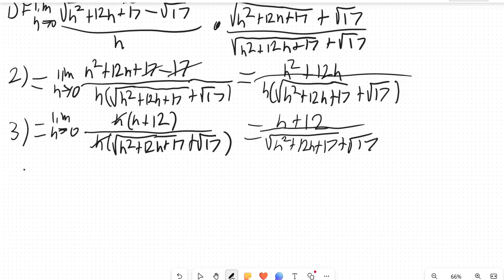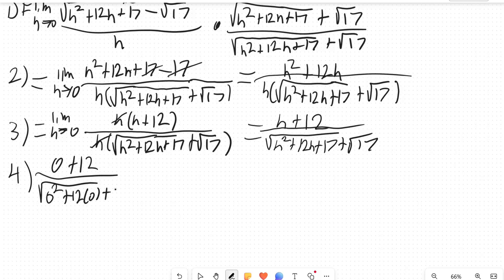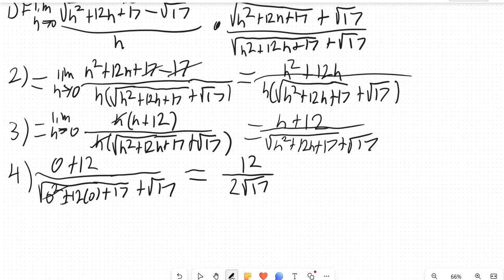Now for step 4, we will solve for our limit. So it will in turn become 0 plus 12 over square root of 0 squared plus 12 times 0 plus 17 plus square root of 17, which will then simplify into 12 over 2 times square root of 17, because all of this cancels out, leaving us with square root of 17 plus square root of 17, which equals 2 times square root of 17.